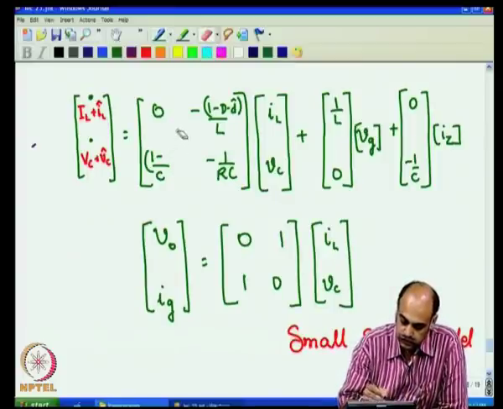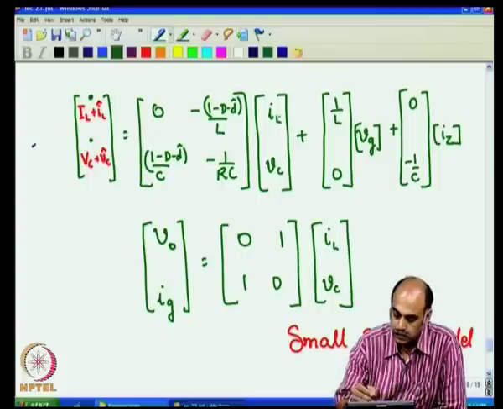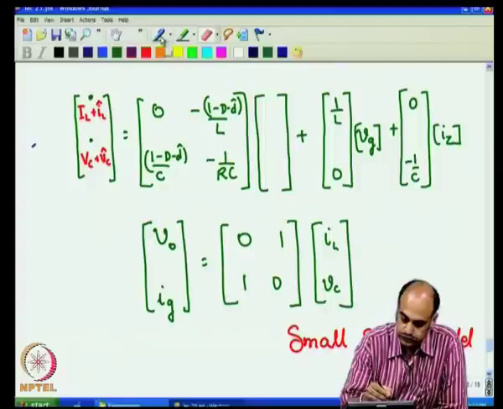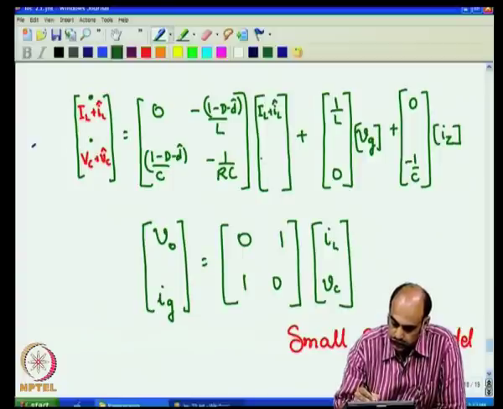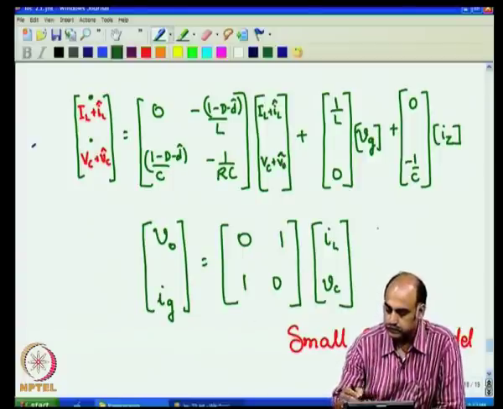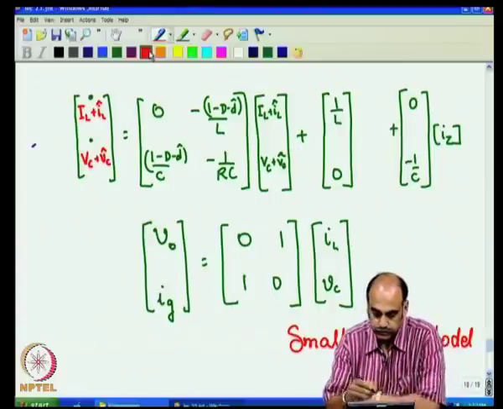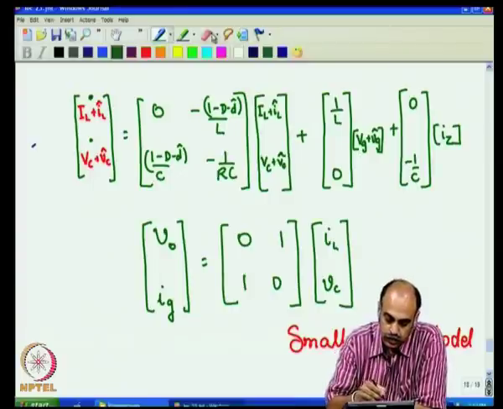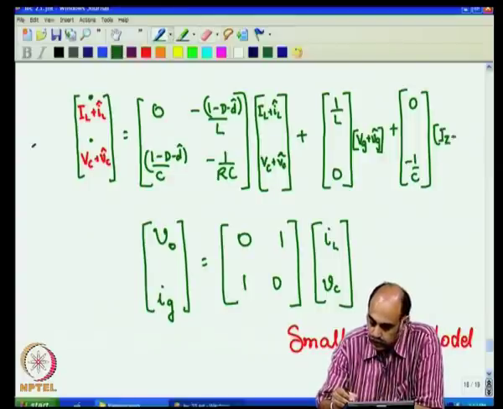Likewise, minus d hat, and these variables will become also IL plus IL hat, Vc plus Vc hat, Vg plus Vg hat, and Iz plus Iz hat.